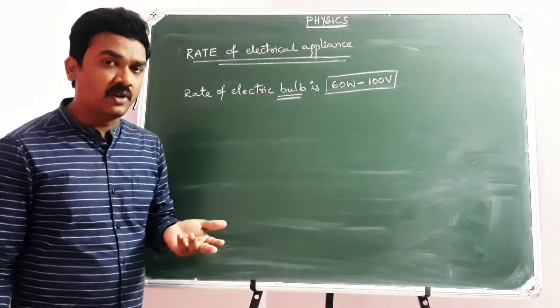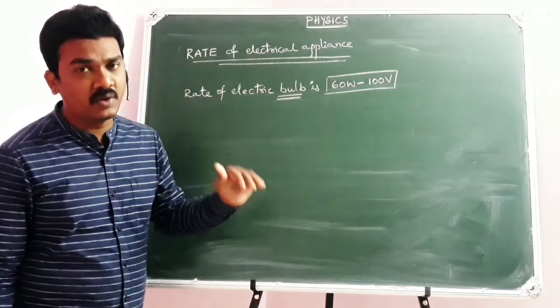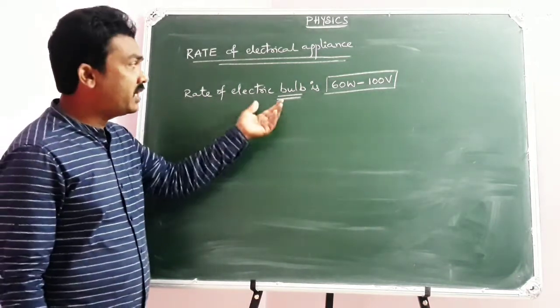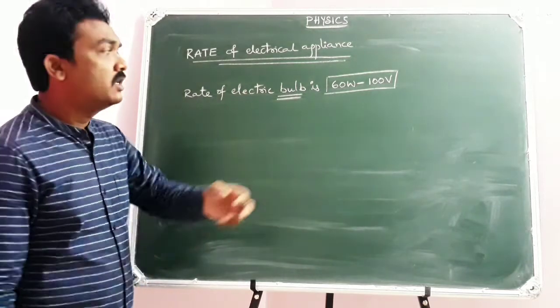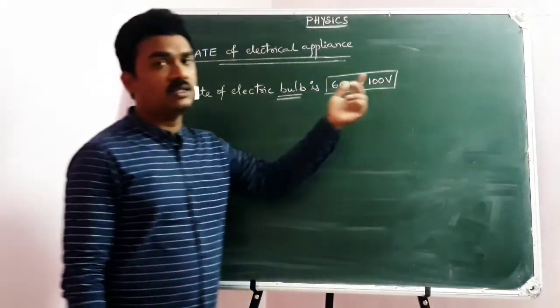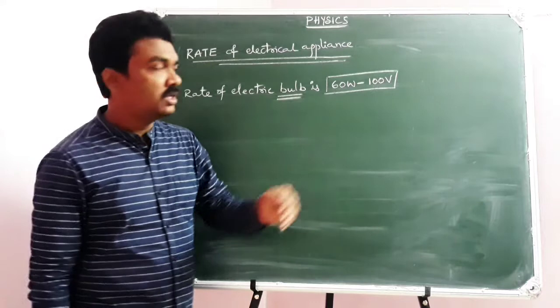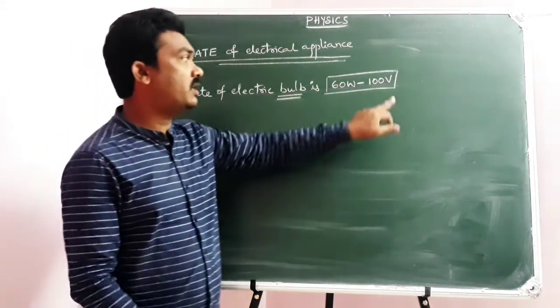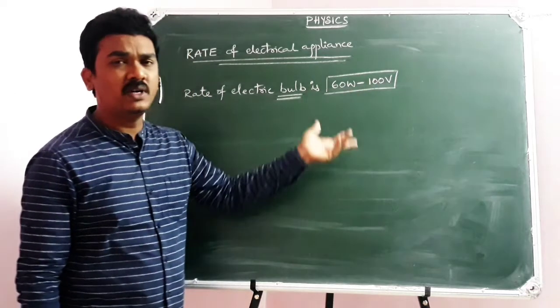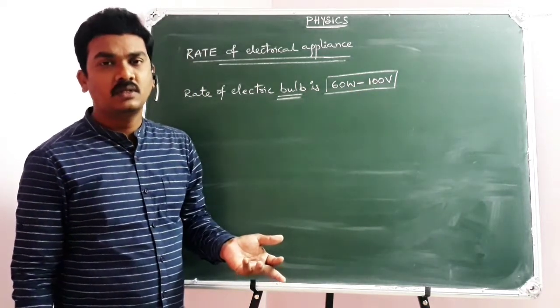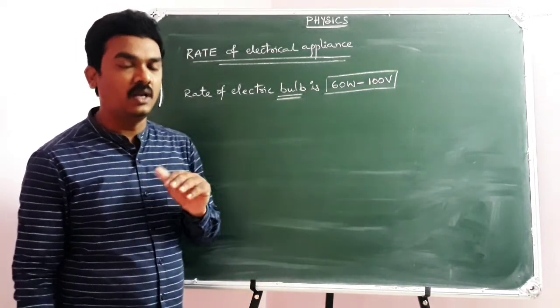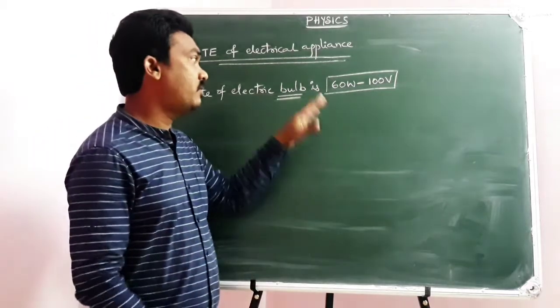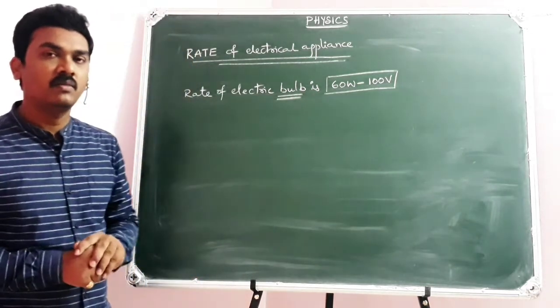At those potential differences, it will consume different electric power. But this indicates a standard point that if the potential difference across the bulb is 100 volt, it will consume 60 watts of electric power. If it is 20 volt only, it will consume different electric power. How to calculate? Wait, I'll explain. So this is all about rate of electrical appliance.